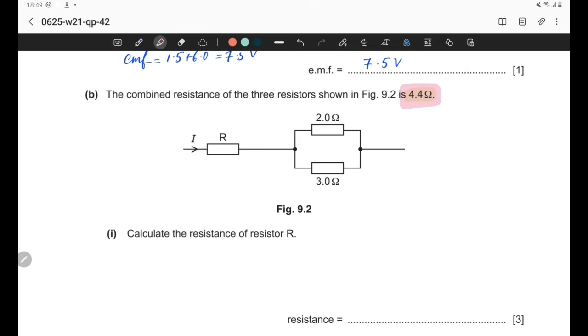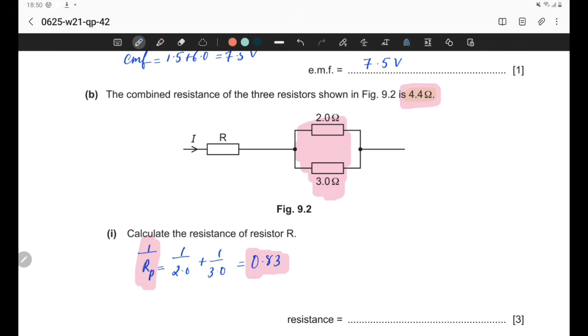So here first we can find the combined resistance of this parallel combination. Let us represent with Rp the combined resistance of these two parallel resistors, and we can use the equation 1 over Rp is equal to 1 over R1 plus 1 over R2, that is 1 over 2 plus 1 over 3, and this answer is 0.833, but this is 1 over Rp.